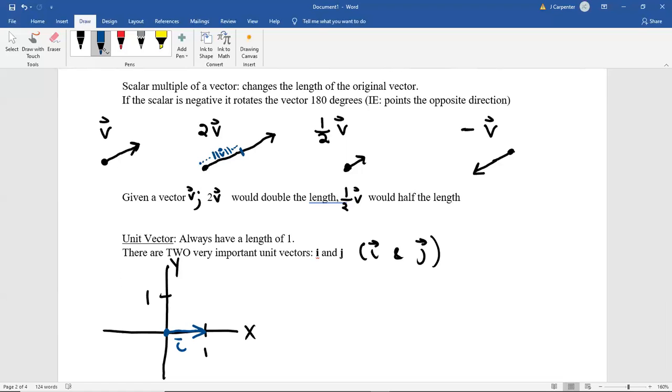That is the i vector. This gives us just something to count off for the x directions. I bet you can probably guess what the j vector is. You start at the origin, and you just point up to 1 on the y-axis. That is the j vector.